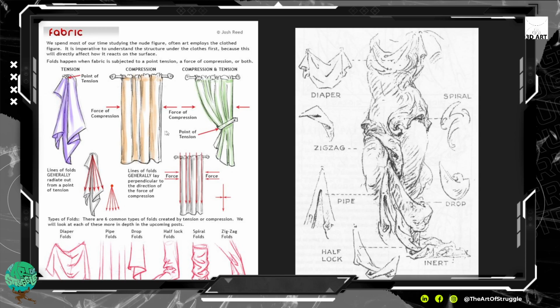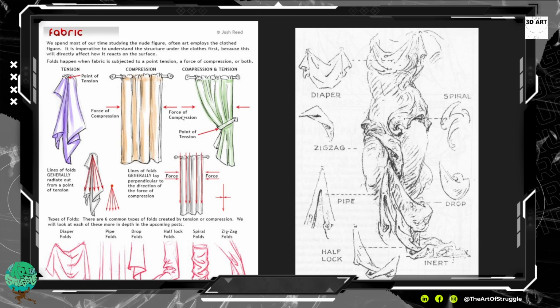Sometimes you'll have forces of tension and compression. Forces of compression, right? So if you have curtains in your house, I just put up curtains in my office, right? You will have different parts of it that compress based on the forces that we have applied to it, right? And now in this situation right here, you have both compression and tension working against the fabric, all right?